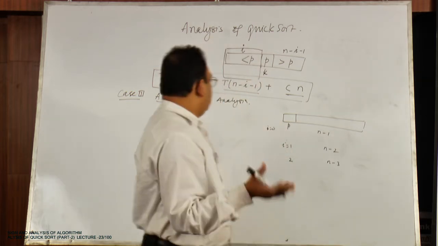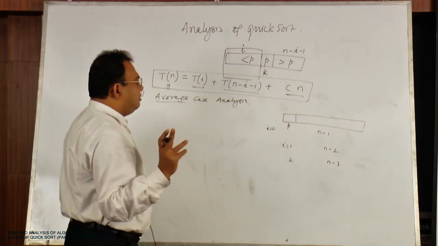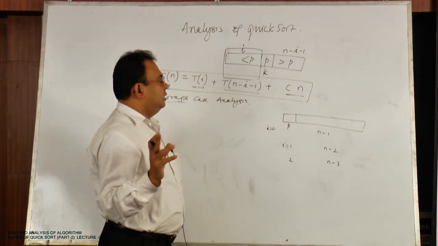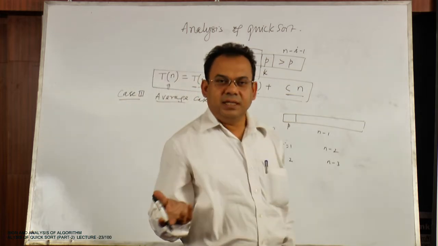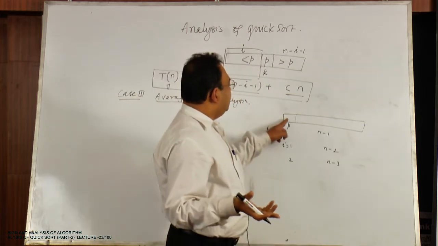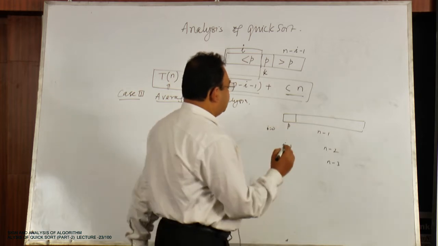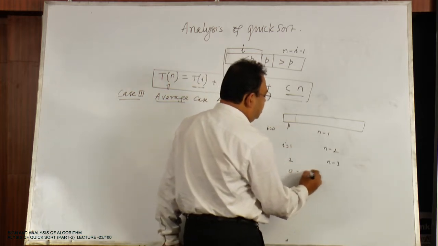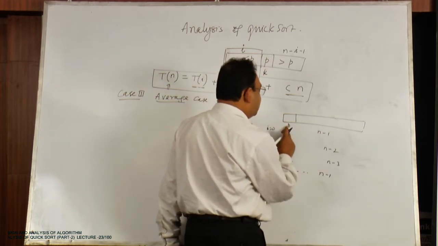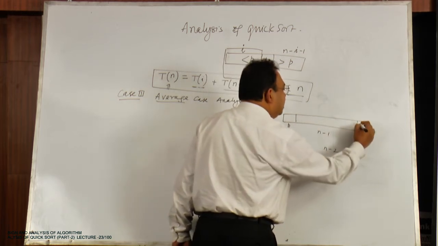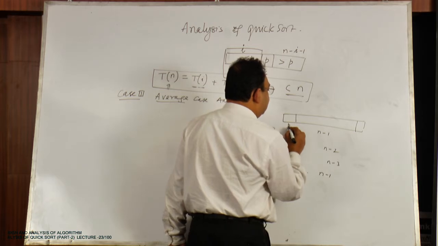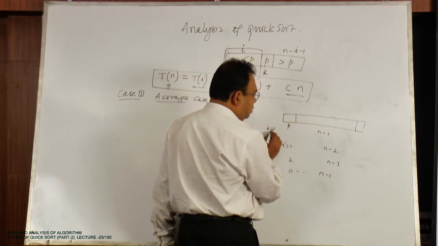Okay. So, what is the probability for any particular size where all sizes are equally likely? There are total n possible sizes starting from 0 to n minus 1, because the position of the pivot can be at the beginning or the end. If the position of p is here, then the value of i is 0.